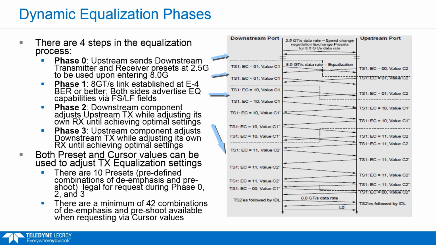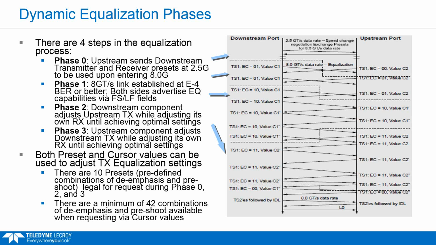That's so they can establish communication with at least a bit error rate of 10 to the minus 4, just so they can start to advertise capabilities and do the training process. So we need some starting point, some starting preset to work with before we can actually adjust and tune those equalizers. So the system provides that to the add-in card.